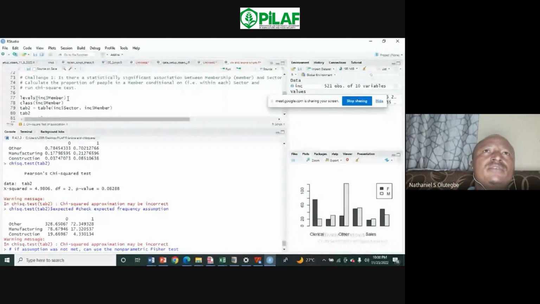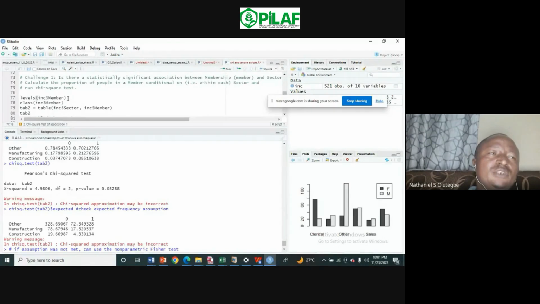For example, income in your data set can range between 1,000 and 100,000. You may use a certain criterion to say, if you fall below this income range, you are a low income earner, and if you fall at this value and above, you are a high income earner.